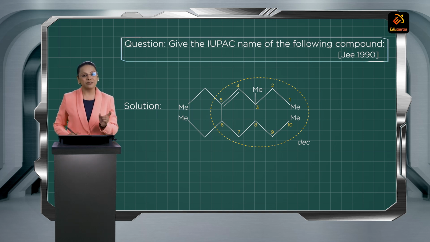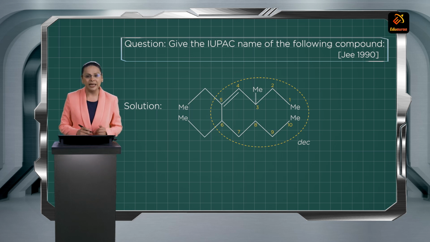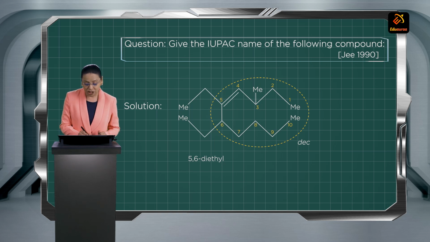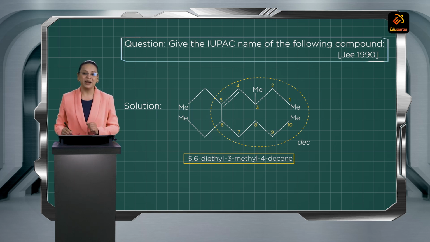So at the 5th and the 6th carbon, because there is presence of ethyl group, we will call it 5,6 dash diethyl. Any other substituent that we are missing out? Yes, at the 3rd carbon, one methyl group is also there. So it will be 5,6-diethyl-3-methyl-4-decene. This will be the final name of the compound.